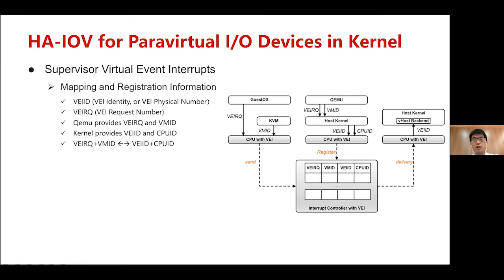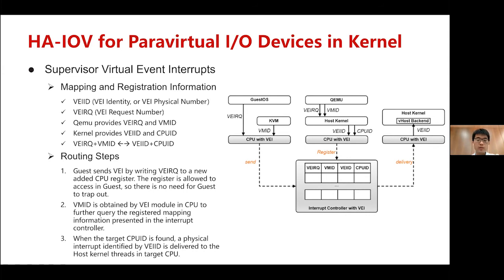Then the interrupt controller will translate the VI request number to the VI ID. Then the mapping information is maintained by QEMU and the host kernel. Finally, each VI request number in a guest will be attached to a VI ID on the specific CPU core.